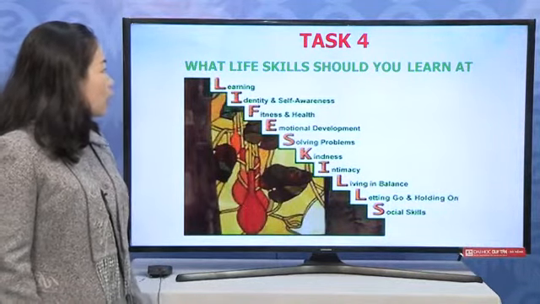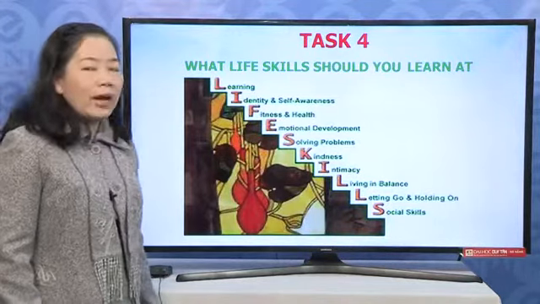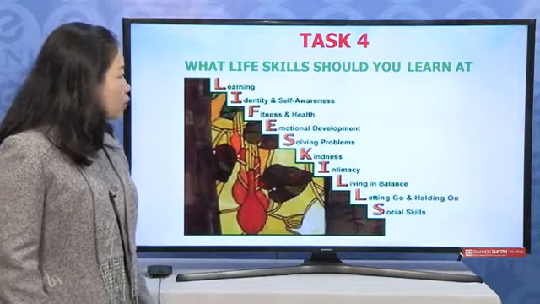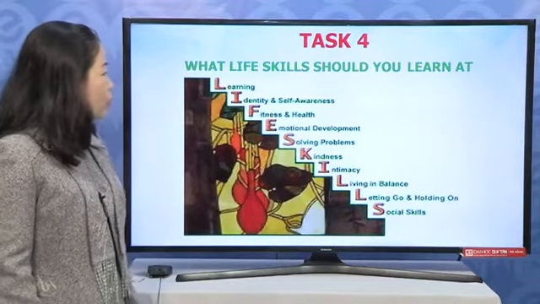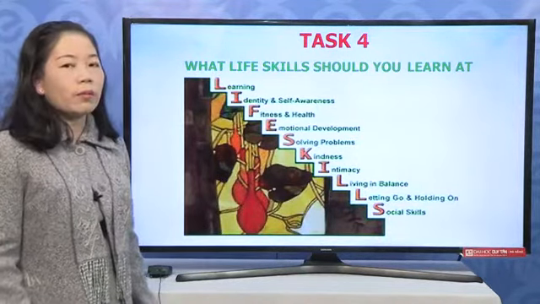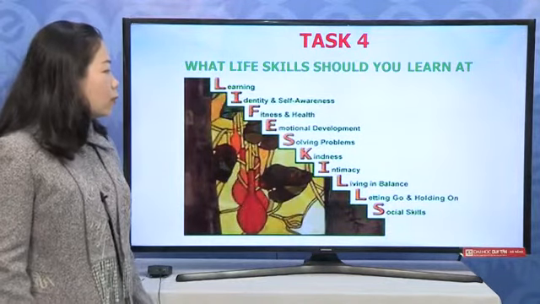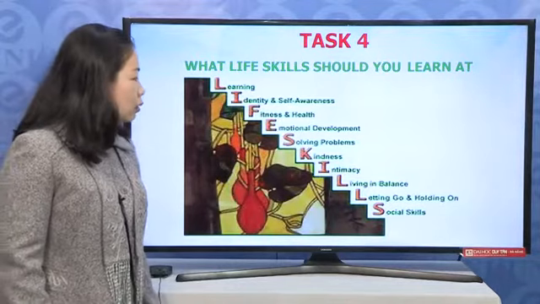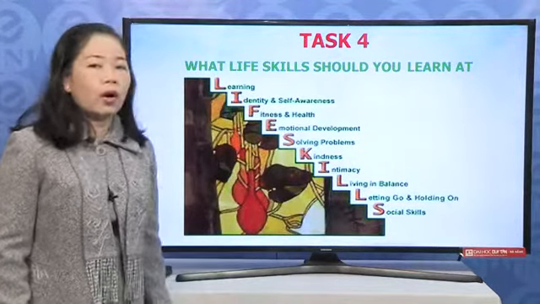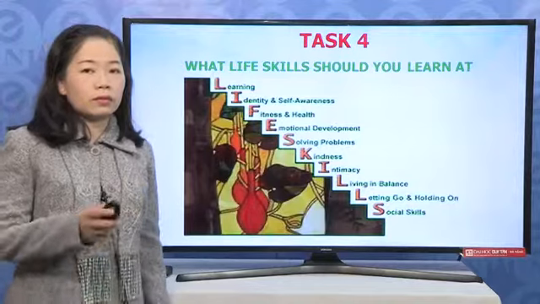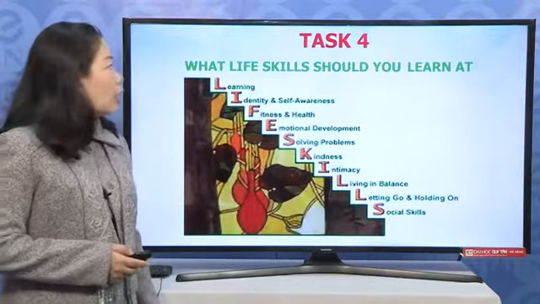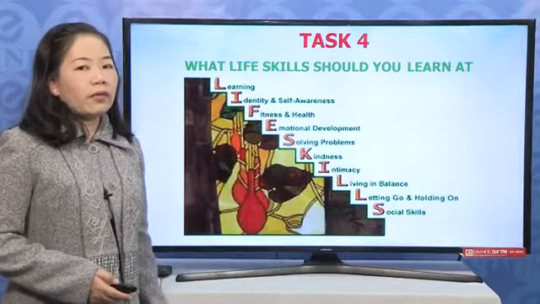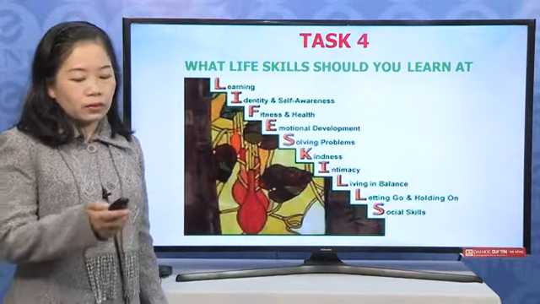You see, learning is carried out together with identity and self-awareness, with fitness and health, with emotional development, with solving problems. It is also in accordance with kindness, intimacy, living in balance, letting go and holding on, and social skills. So, learning is the complex of getting the life skills.